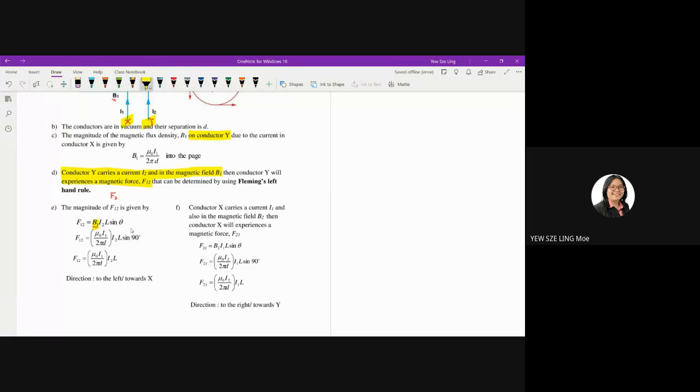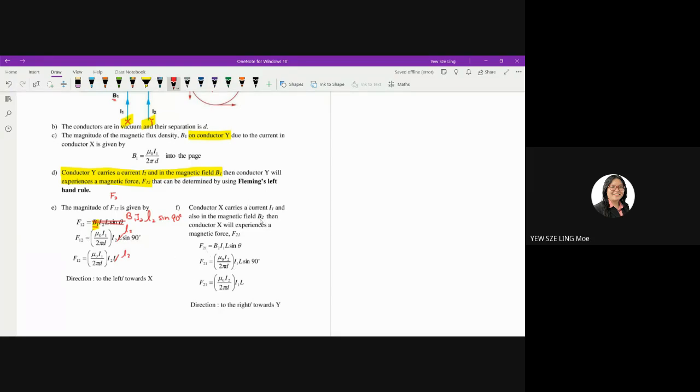But all the other quantities, you use the quantities for conductor Y, except for B. So B1, I1, okay, this equation, I want you to rewrite it. It should be F2 equals B1 I2 L2 sine 90 degree. So sini kamu semua tukar menjadi L2, alright? So that is the equation.